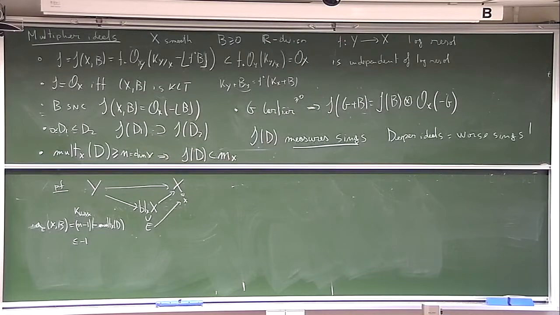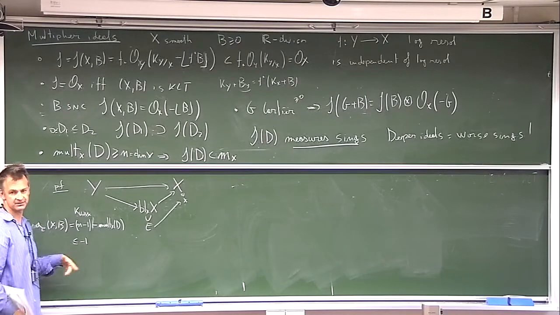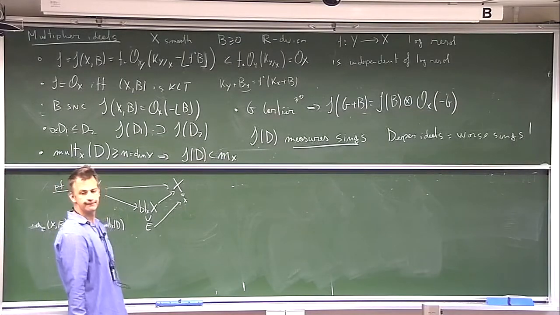So we have one discrepancy that's less or equal to -1, one bad discrepancy. That's enough to rule it out. It's not a KLT pair. The multiplier ideal has to be non-trivial.